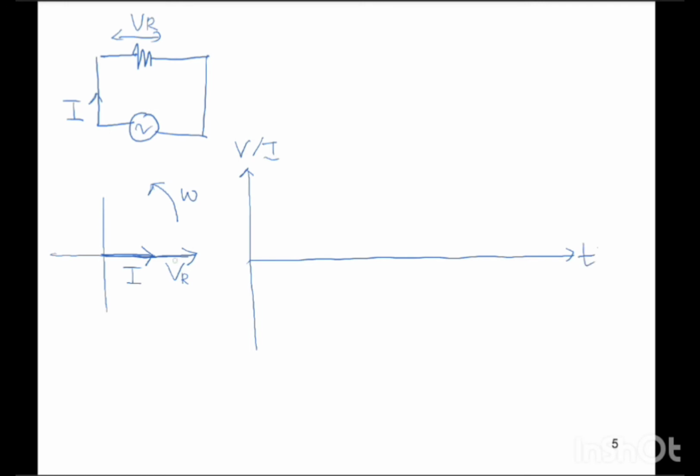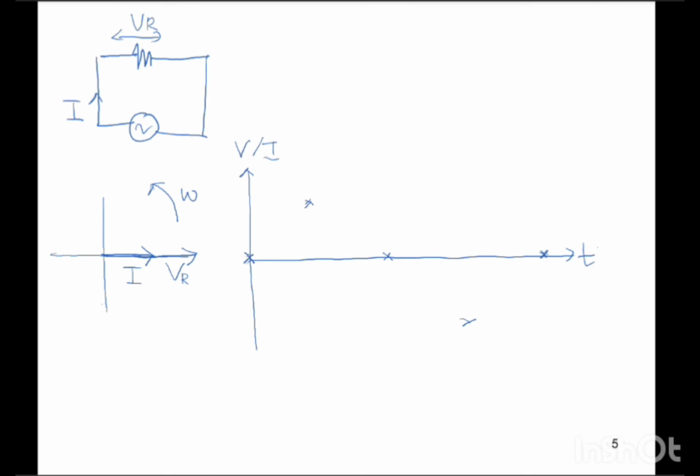We start with 0 for current, and then at 90 degrees the current is maximum, and at 180 degrees the current is 0, and then the current is maximum but in the negative direction, and then goes back to the original position.